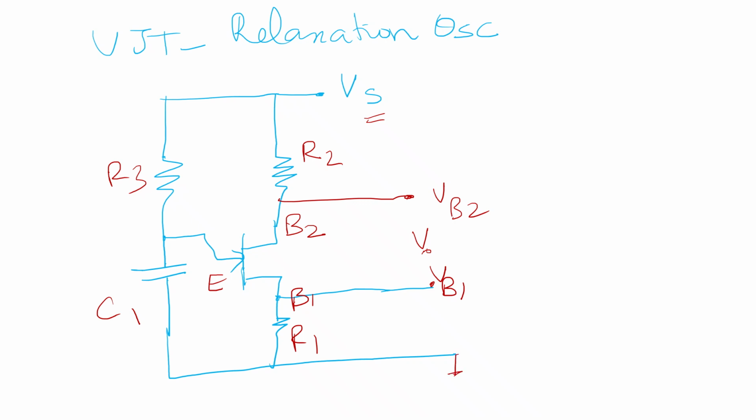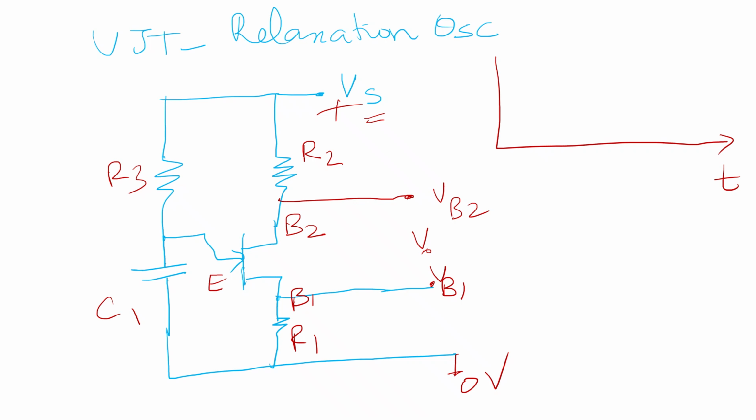This is at ground potential, 0 volts. When plus VCC voltage, a constant source voltage, is given, the charging of the capacitor happens and thus the emitter turns on for a particular time period.